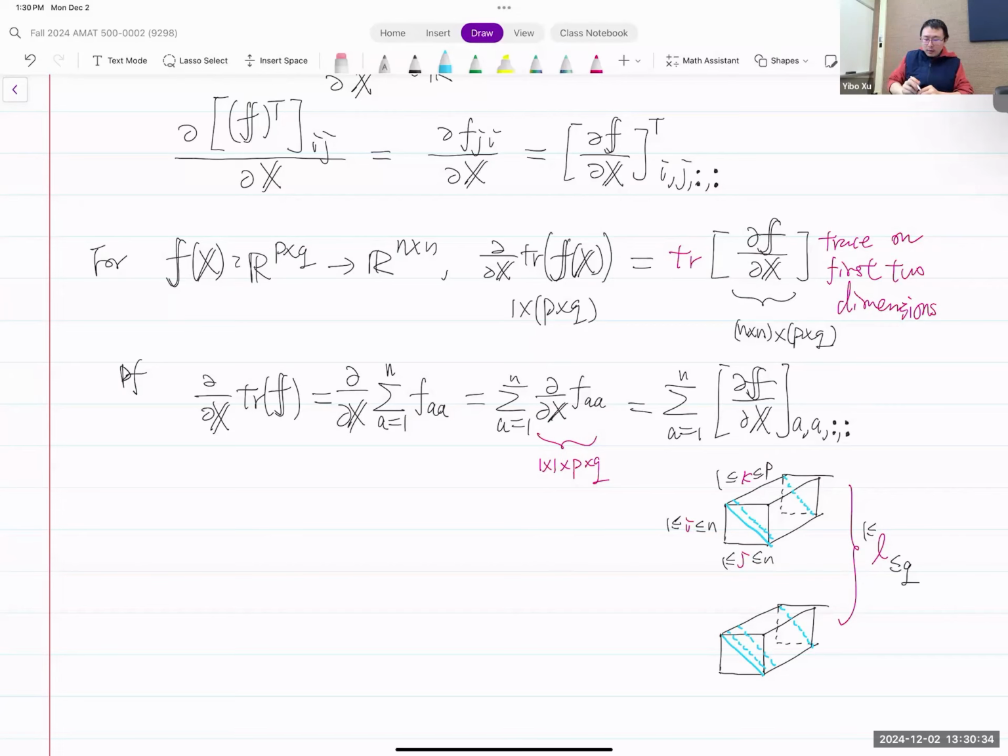So there will be p times q many diagonals, and those traces will give you p by q values. That's what it means by taking the trace along the first two dimensions.